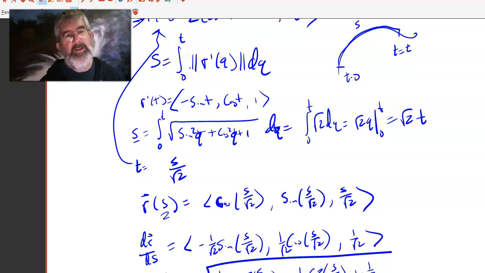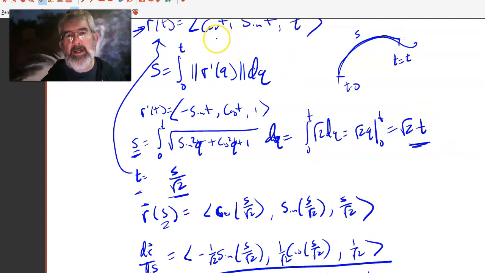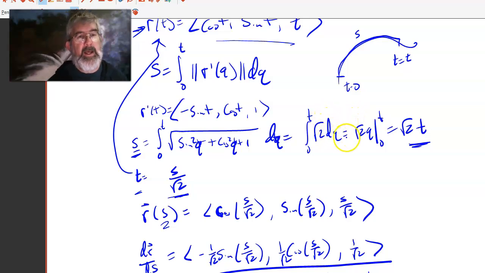This is not always an easy integral to do, but once you do it, you'll have s as a function of t. You then need to solve that equation for t, so that I have t as a function of s. Then I can plug those t's back into my parameterization, and now rather than being a function of t, I would have it as a function of s.